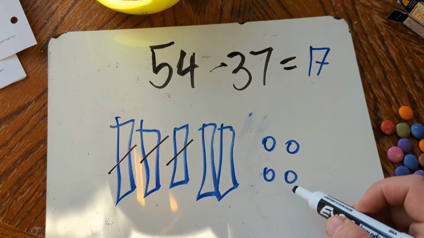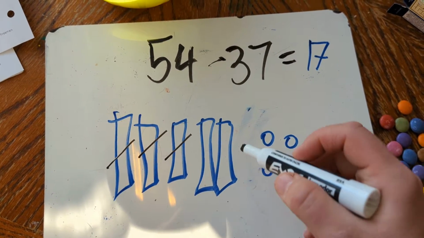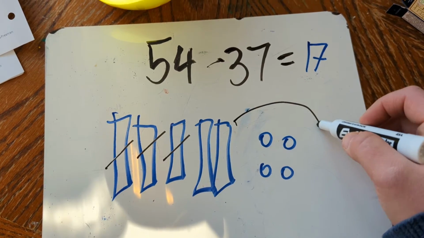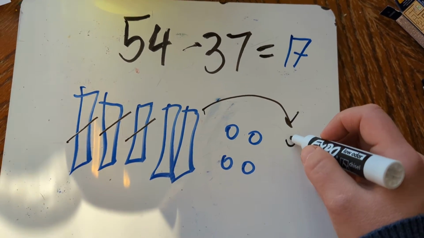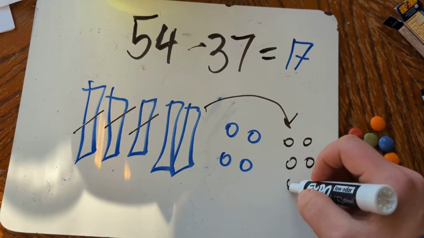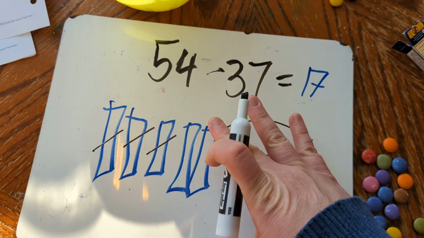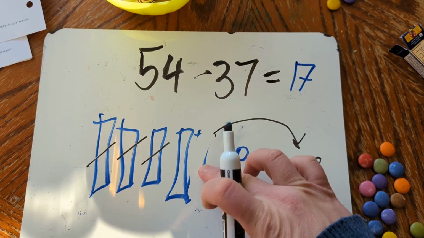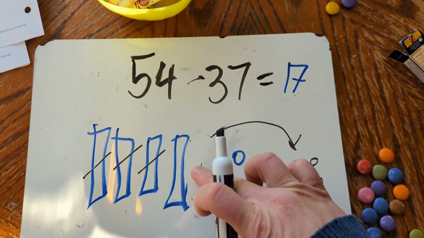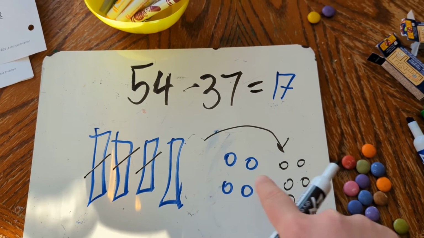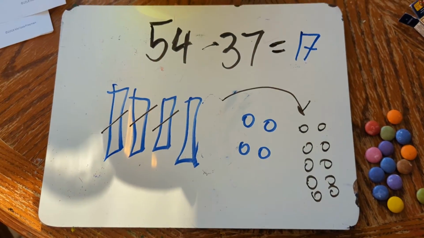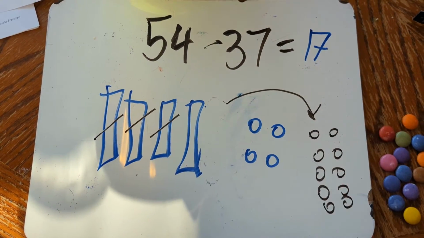We still don't have enough ones here, so I'm going to have to turn this into 10 ones: 1, 2, 3, 4, 5, 6, 7, 8, 9, 10. I'm getting rid of it this way so I'm not getting confused. I'm just changing that 10 into 1s, so I still have the same number that I had before.